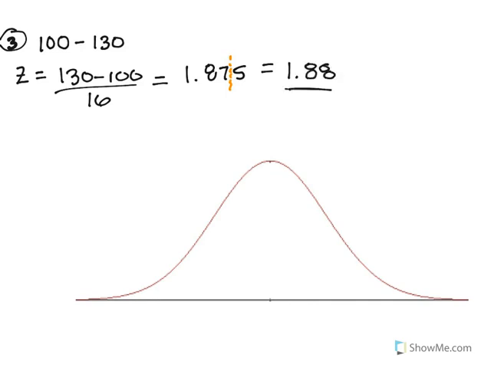So on your little bell, there's your 0, and the other number is 1.88, which would be somewhere out here. I'm asking for 0 to 1.88.